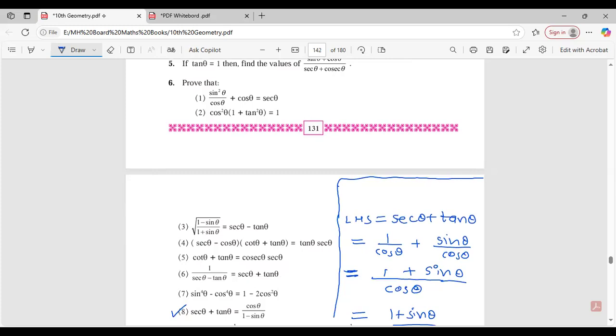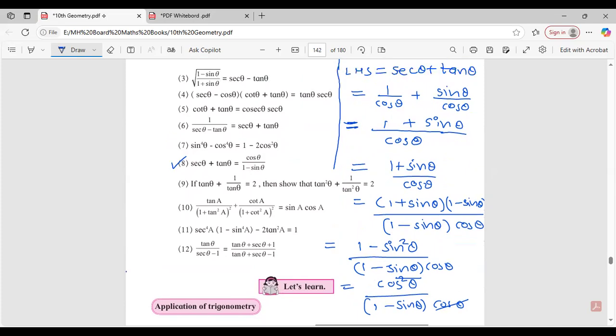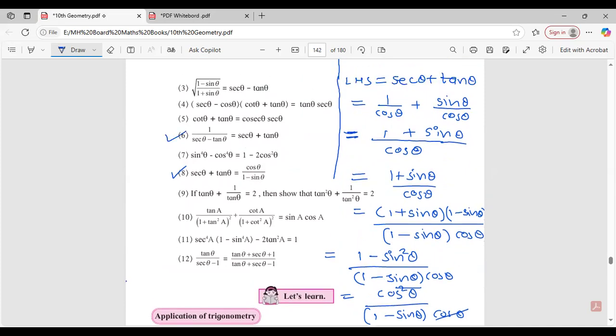Very good. Now next, note this question. Which one? Sixth one. Note it down now. 1 upon sec theta minus tan theta is equal to sec theta plus tan theta.